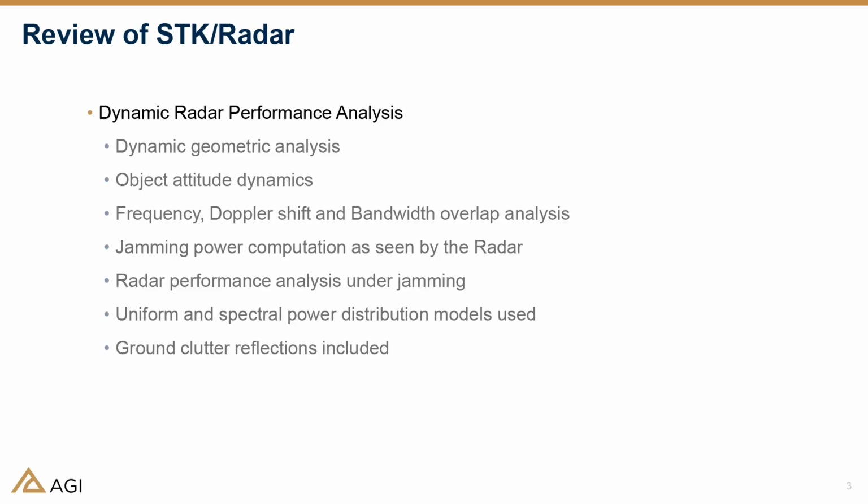Along with that, we have jamming power computations that can be taken into account with the radar. We always want to make sure that not only is the radar able to detect any specific platforms, but also that it takes into account any other radar signals that may be jamming it.